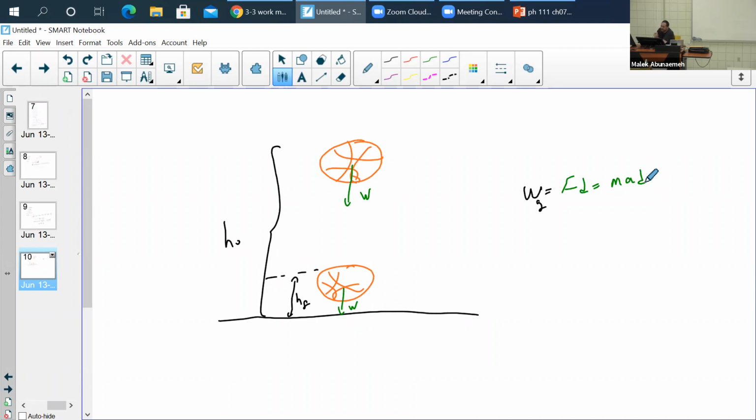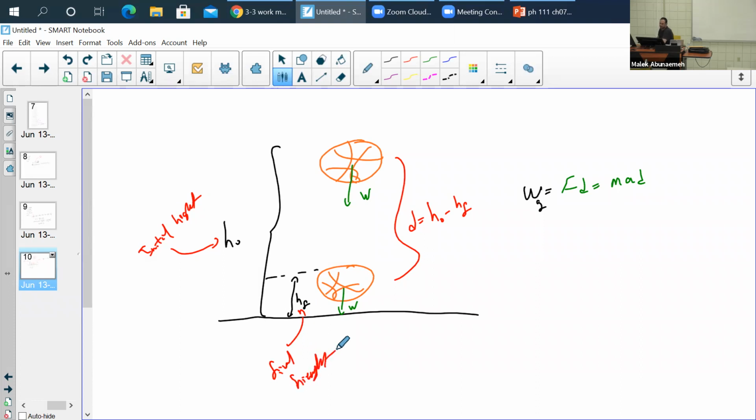Now, what is your distance in this case? Well, in this case, your distance is your initial minus your final. Let me go ahead and define those. So this is your initial height. This is your final height. All right.